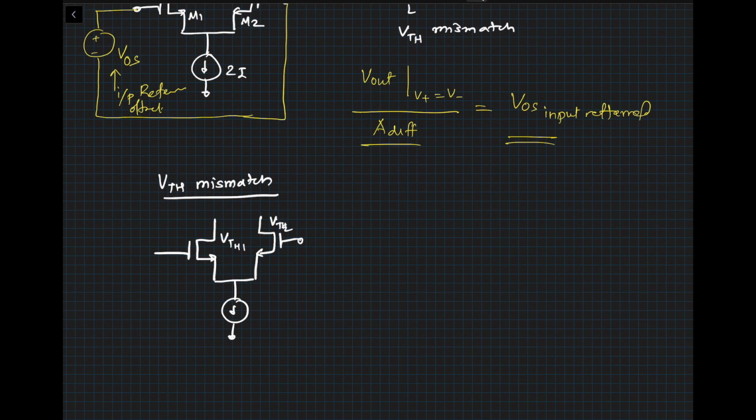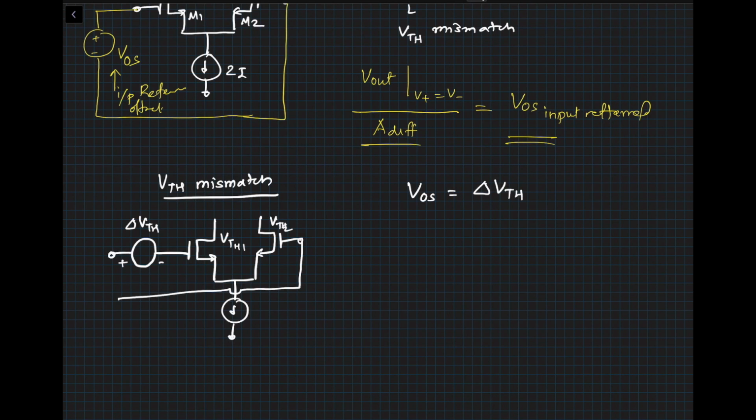Then it should be fairly straightforward, by Kirchhoff's voltage law, that I can model this as a delta VTH over here, because I am finally applying the voltage like this. This delta VTH is VTH1 minus VTH2 at the input. If only the transistor mismatch is there, then VOS, the input referred offset, will be straightforward, equal to delta VTH.